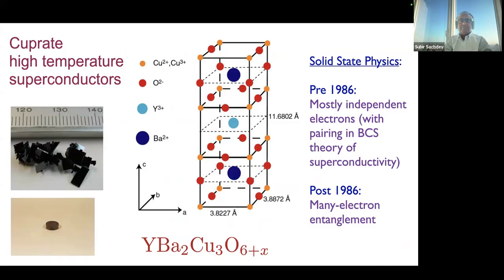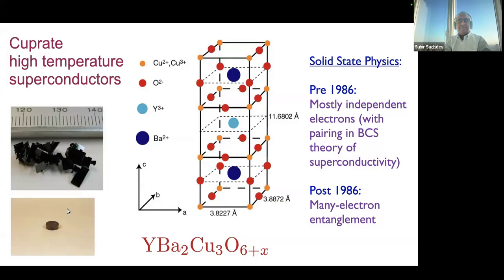They're still the very best superconductors at ambient pressure. And they were the first materials with bulk superconductivity that can now be made into long wires above liquid nitrogen temperature.